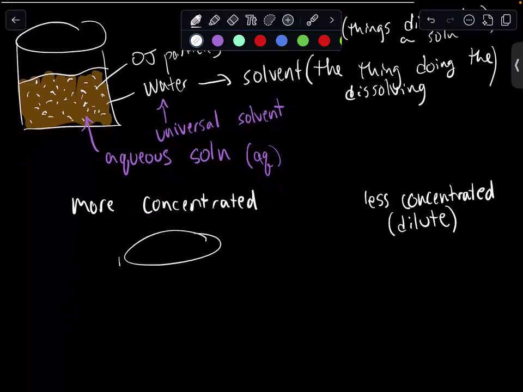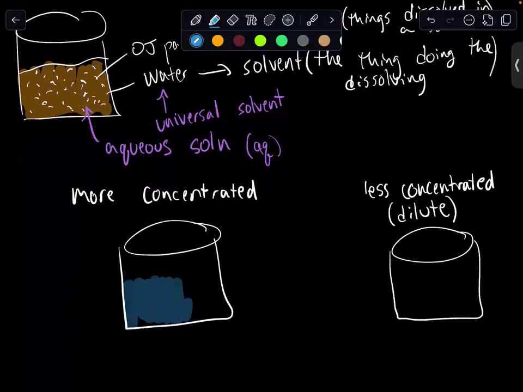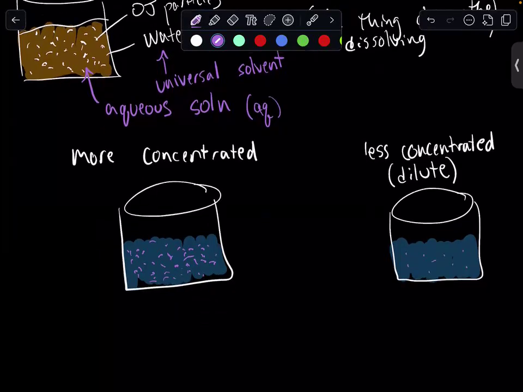So if we have the same liquid in either case, the more dilute one will have less particles. The more concentrated one will have more particles. And you might be like, well, this is kind of obvious, but it's something we should be able to use with confidence. So we're just going to go over that a little bit more.